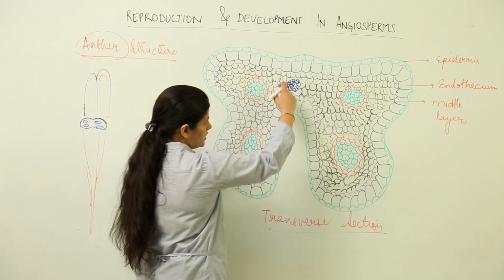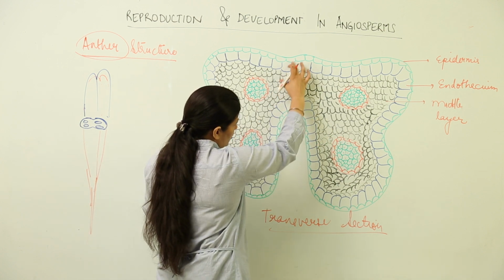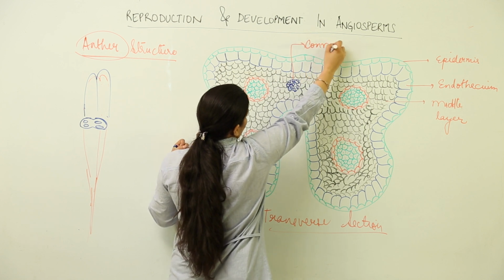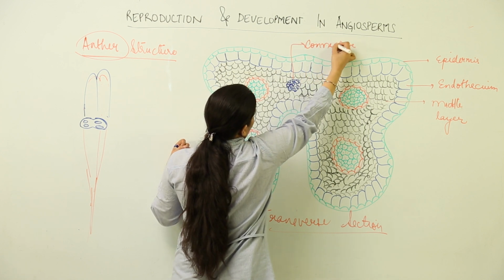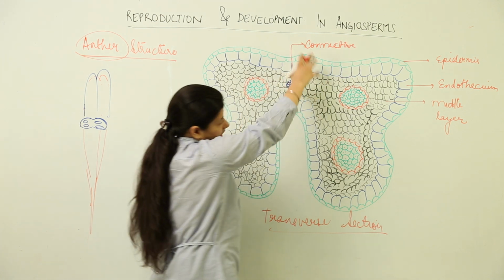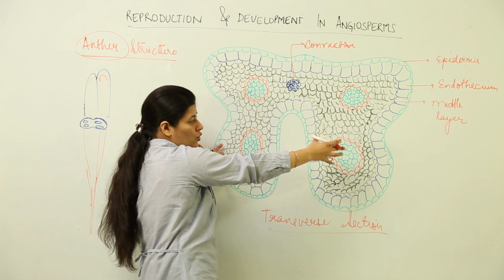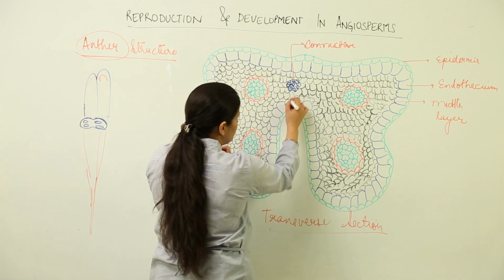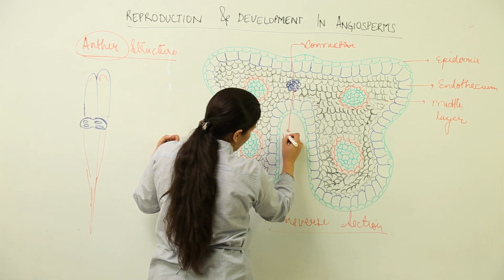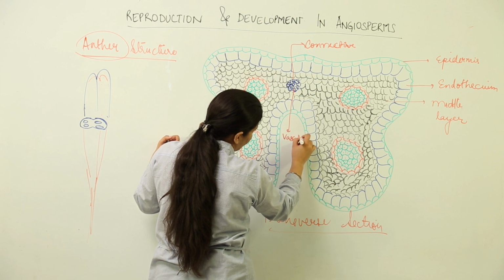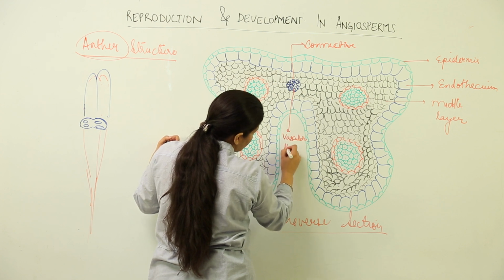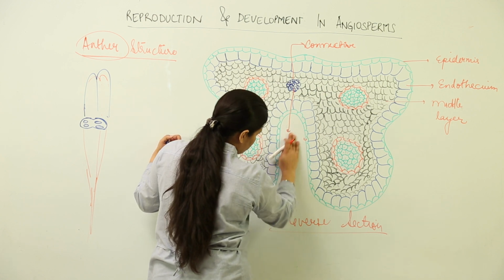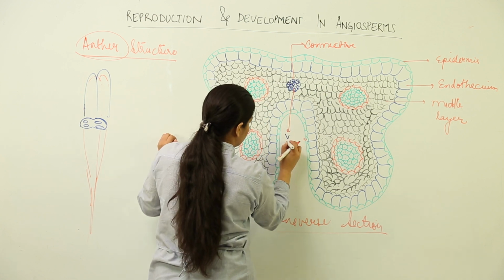This part is known as connective. This is the connective region which joins the 2 lobes of anther at the back. This blue part that you see over here is the vascular strand.